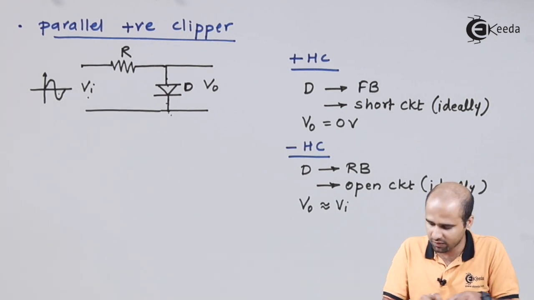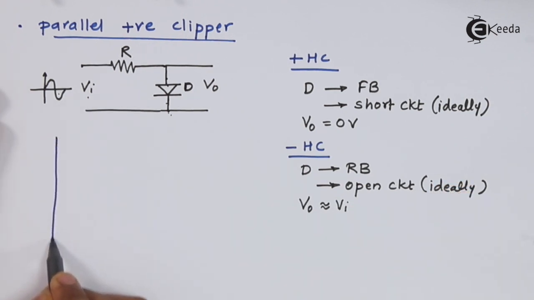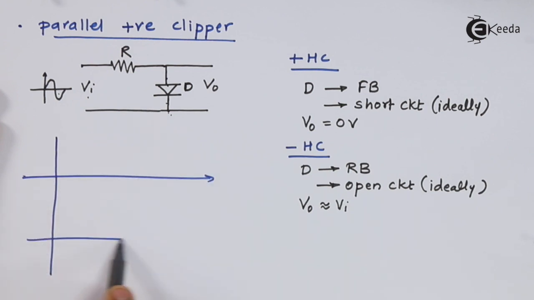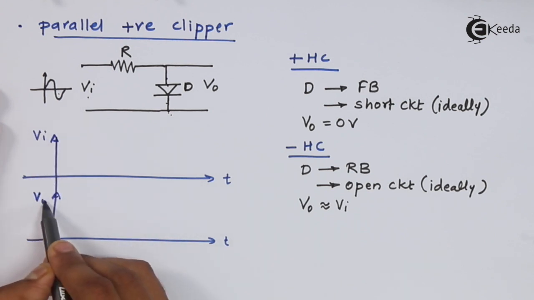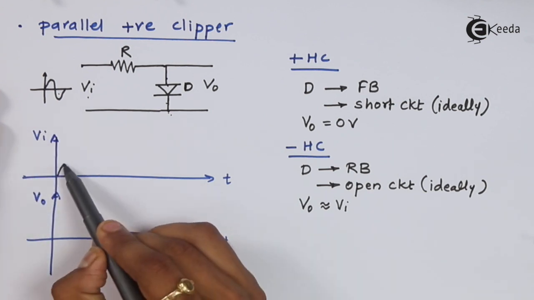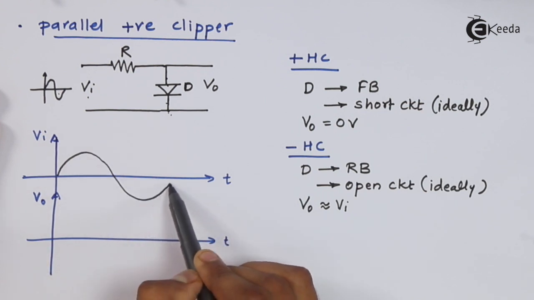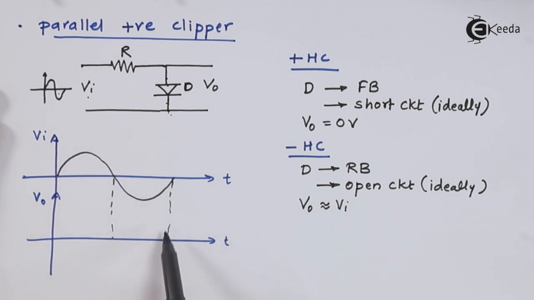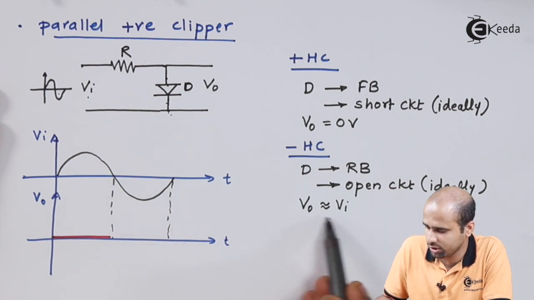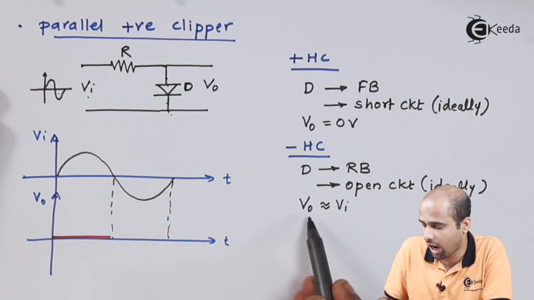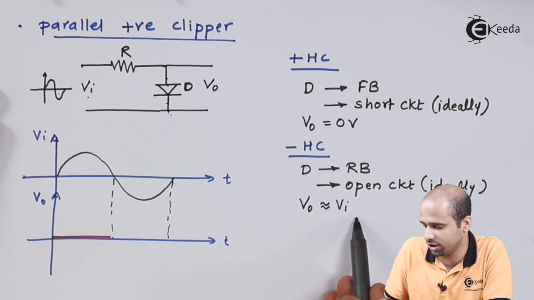Graphically, we will plot it with respect to time. This is VI, this is VO. If this is the input signal, the positive part is completely clipped off, so this is 0, and the negative half cycle is giving an output which is following the input.